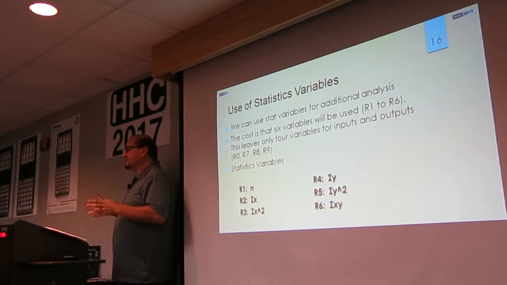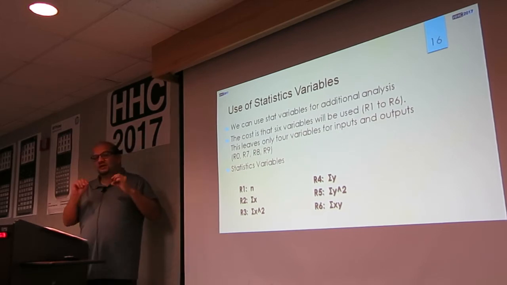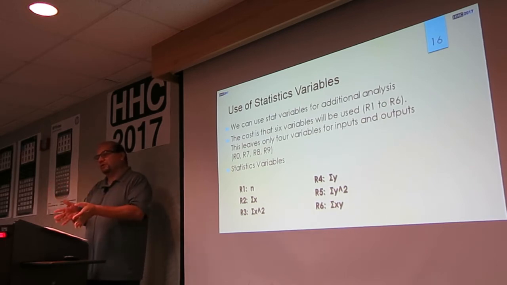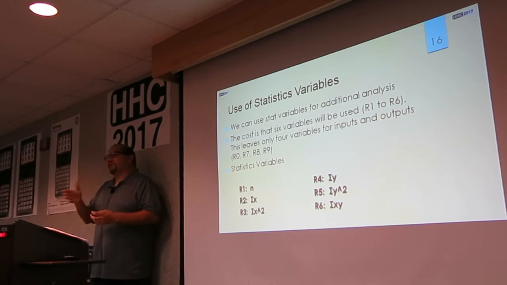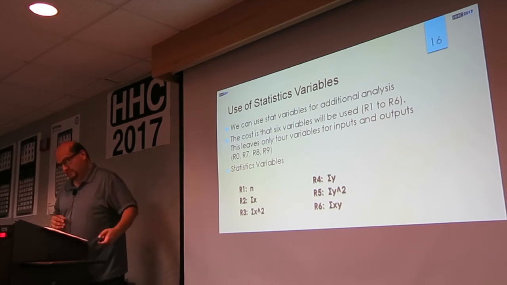If you do use statistics on the 12C in your programs, what I recommend is to not include the clear statistics registers inside of the program, because you don't want to accidentally clear stuff before you do any calculations. You have the user clear everything outside before program evaluation.